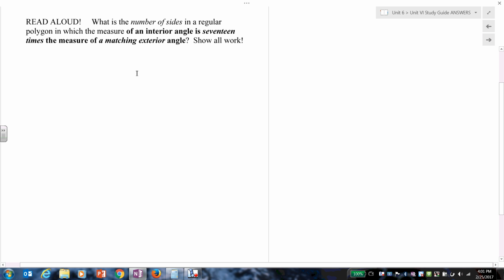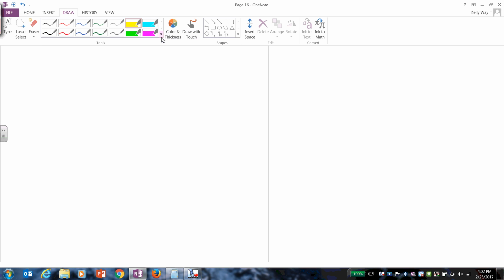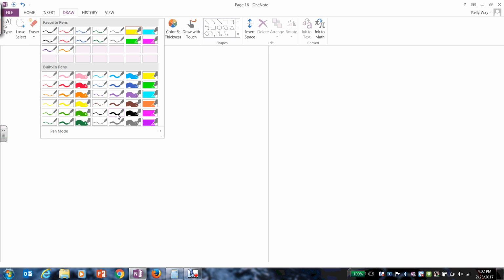It's asking over here, what is the number of sides in a regular polygon in which the interior angle is 17 times the measure of the matching exterior? That was polygon, number of sides, so we don't know whether it's a polygon or a dodecagon.